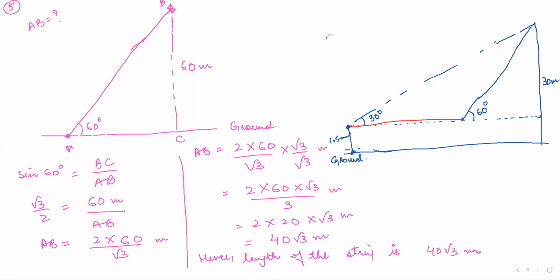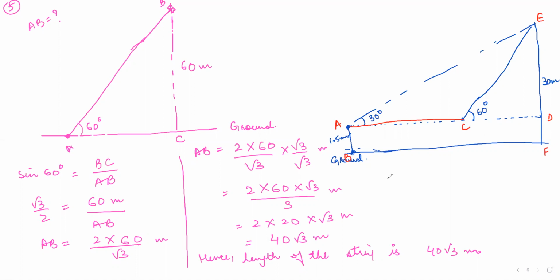So let me give it some names: A, B, C, D, and E, and F also, I can say. Now you can see I have 30 degree angle and 60 degree angle, so basically two triangles I can take.